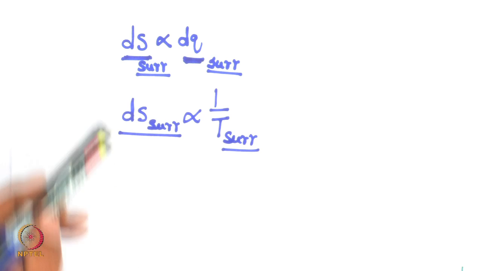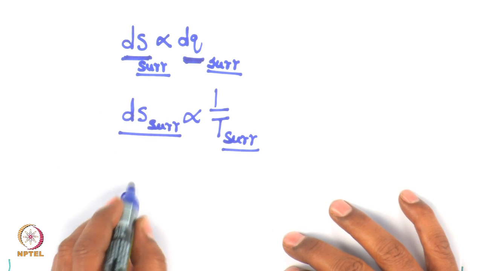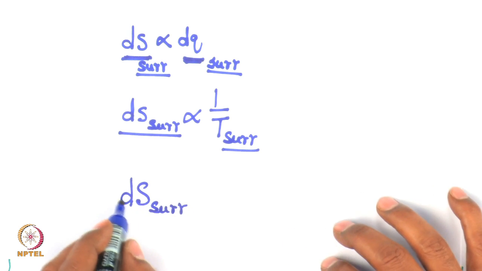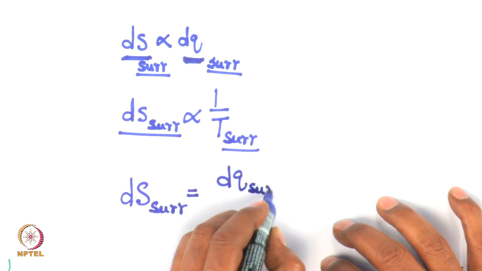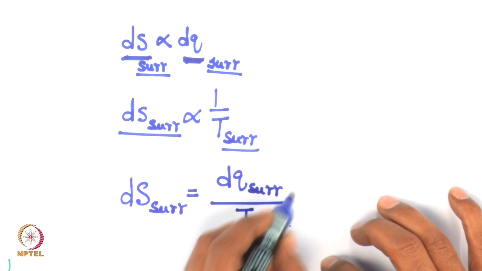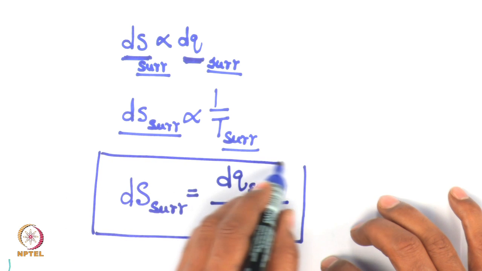Now, when you combine these two, then I can write dS surroundings is equal to dq surroundings divided by T surroundings, and the proportionality constant I am absorbing in this equality.